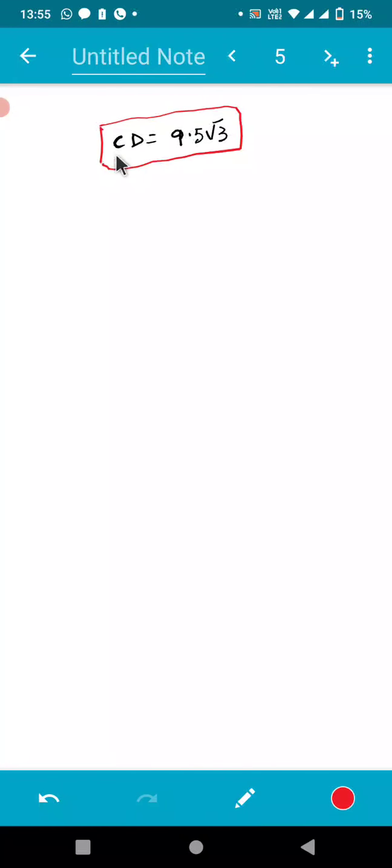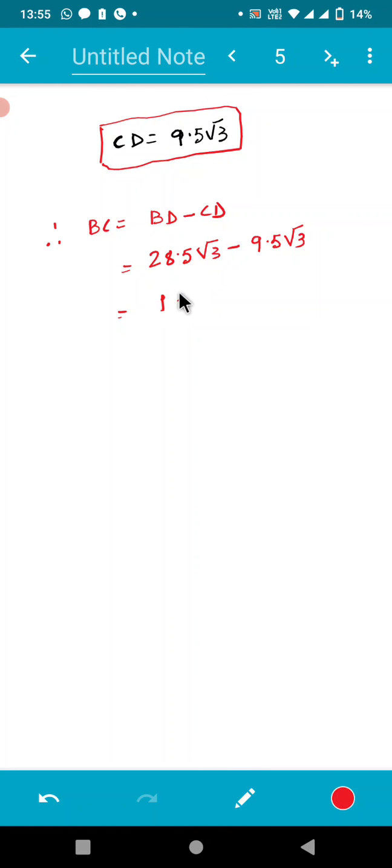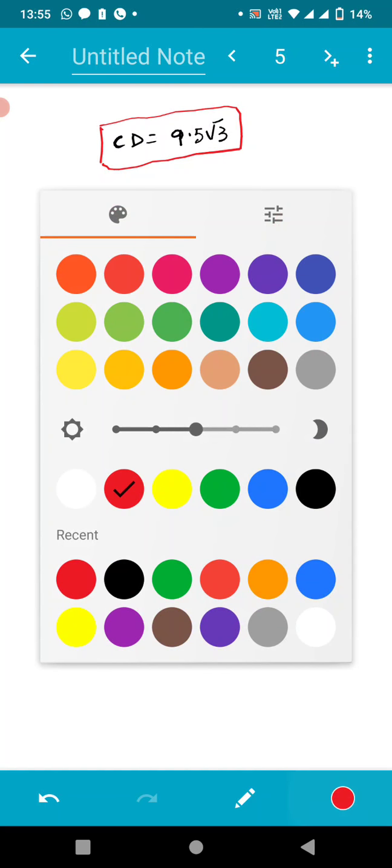Now the final thing that we have to do, we have to find out the value of BC. So therefore BC is equals to BD minus CD, isn't it? Now BD is 28.5 root 3 and CD is 9.5 root 3. So if you calculate this, the answer will come as 19.3. So BC is 19.3.